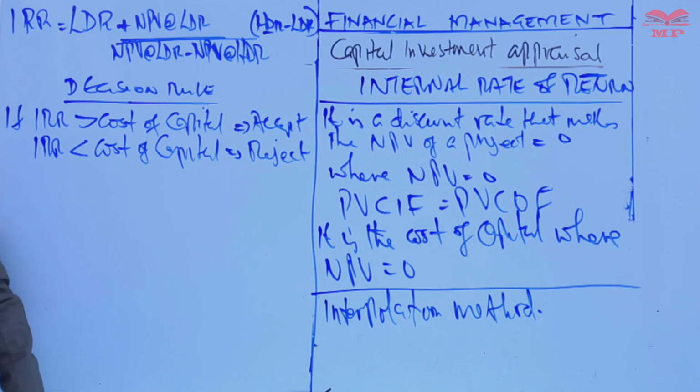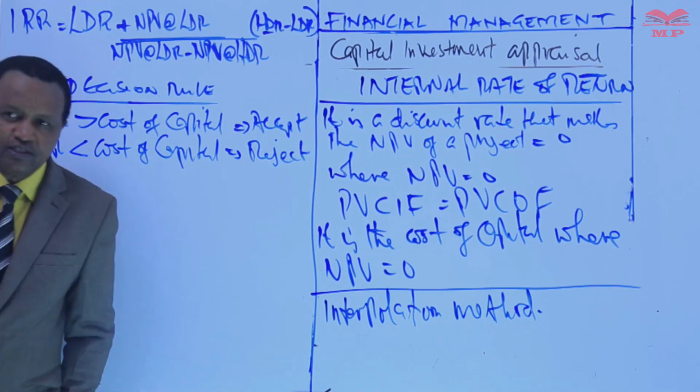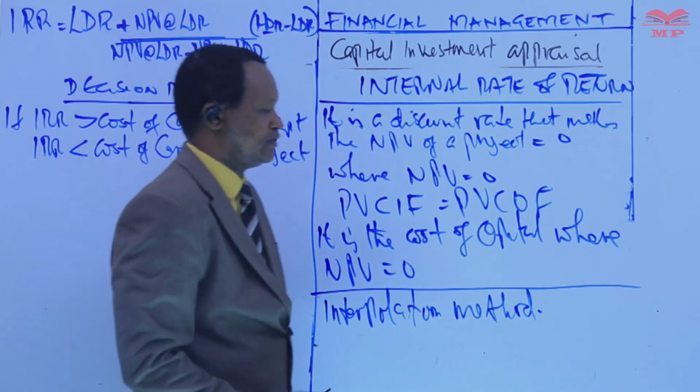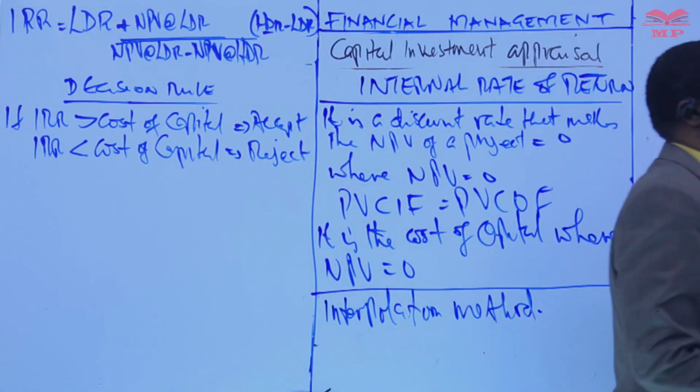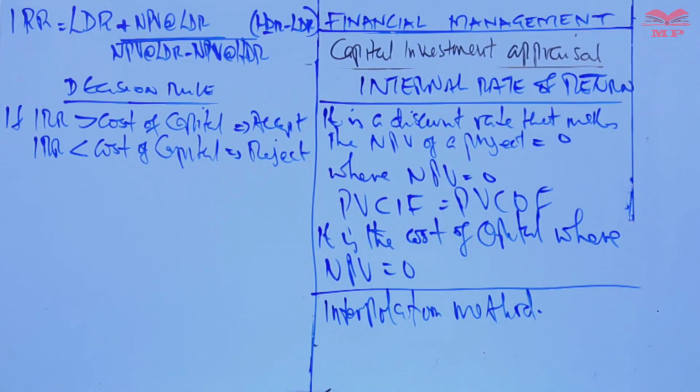You understand, candidates? It is a trial and error method. So we have to use one rate that will give us a negative NPV, and another one that will give us a positive NPV.